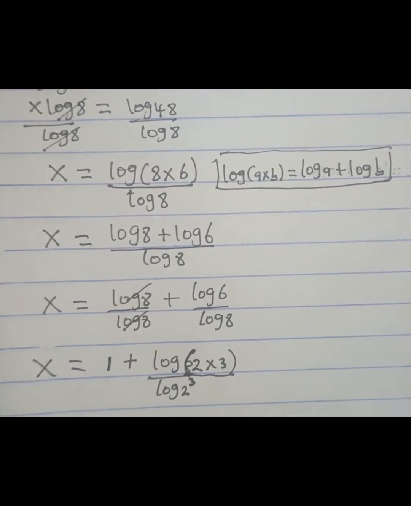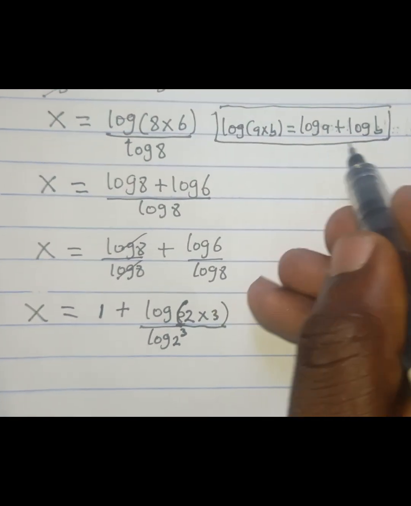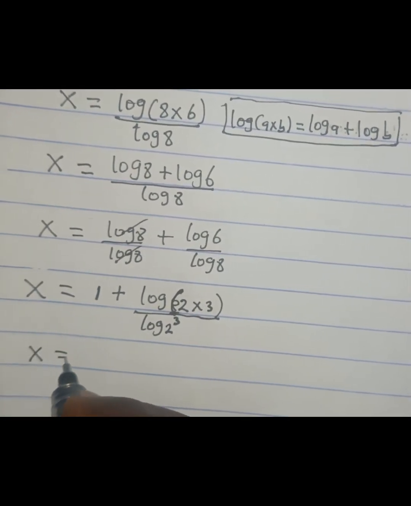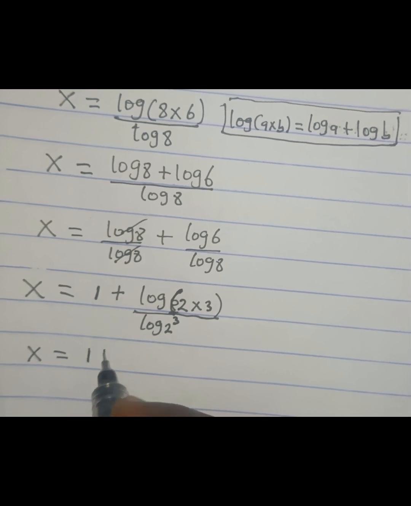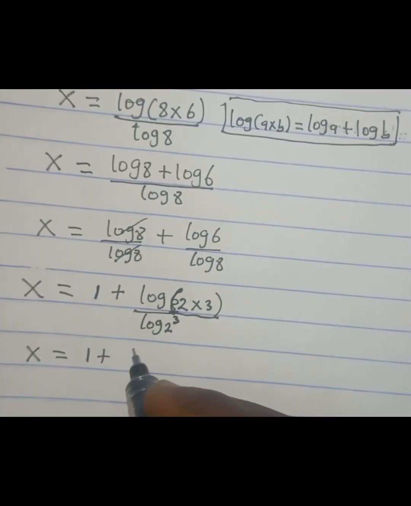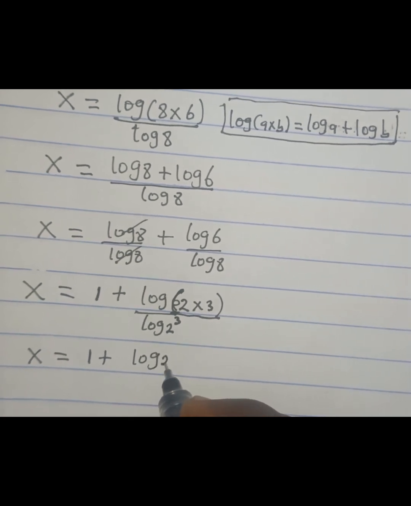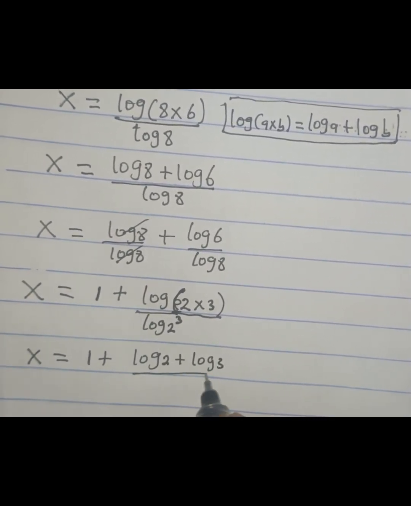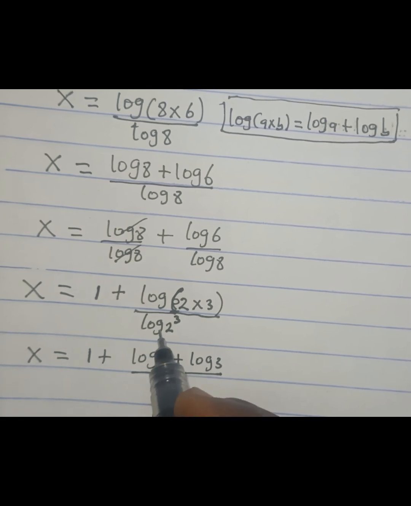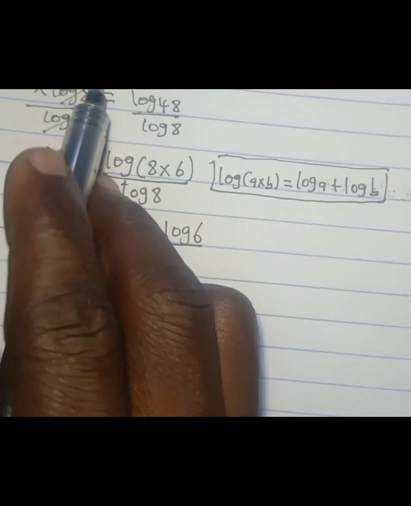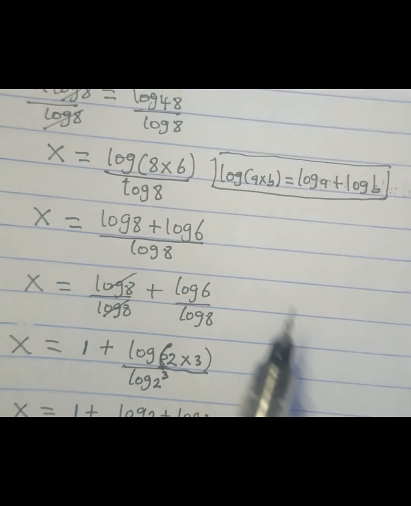The next thing we're going to do is to apply this property to this numerator, so that x will be equal to 1 plus log of 2 multiplied by 3, which in this form is log of 2 plus log of 3, then everything all over log of 2 to the power of 3. Remember the power property of logarithm: the power can go back and multiply the log.